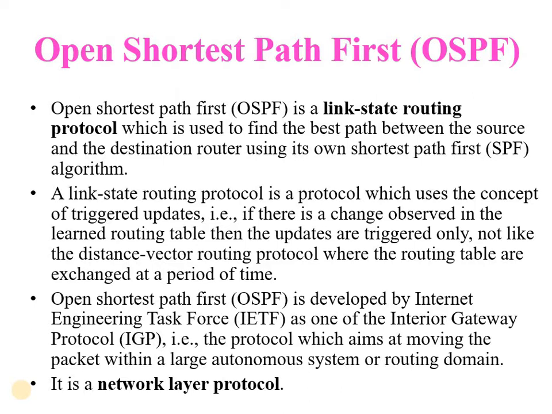While in link state routing, we add a trigger, and the trigger works like this: if there is a change in the information in the routing table or the link state database, only at that time the trigger becomes active, and the information is shared between all the routers in the network.